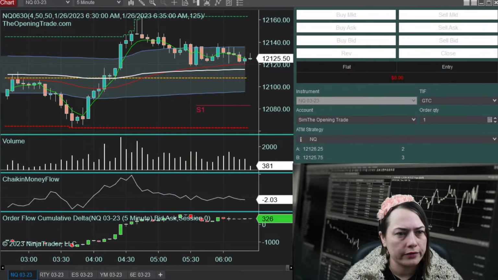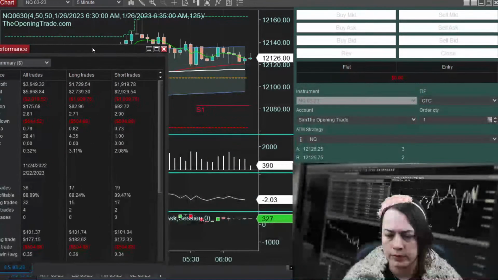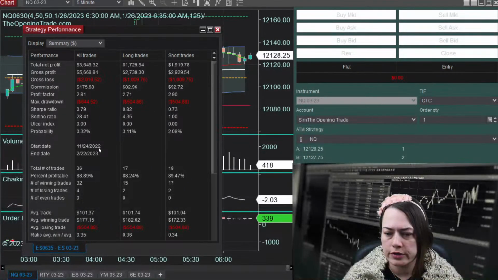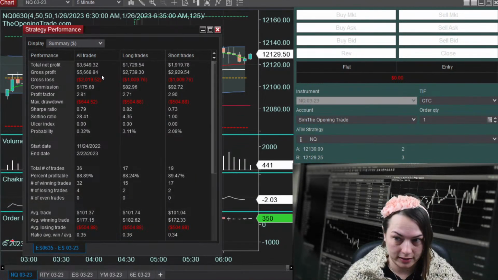And again, that's the Russell 2000 futures. All right, the third trade you could potentially see will be on the S&P 500. So here we go. Here's our 90-day date range, the max drawdown, the gross loss, the gross profit, and the total net profit.